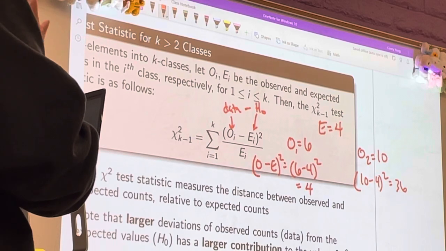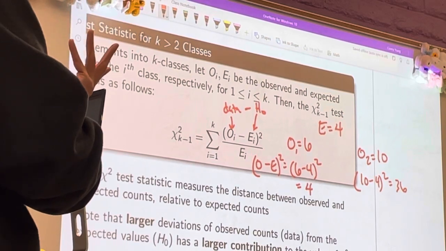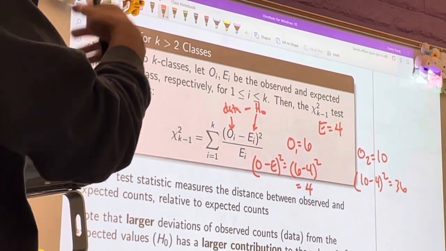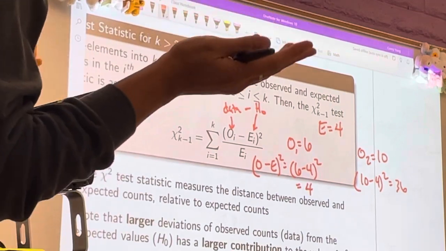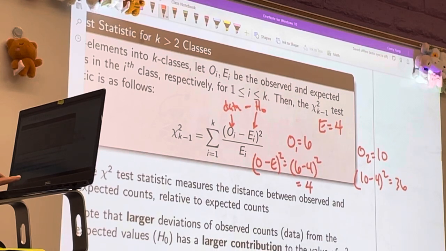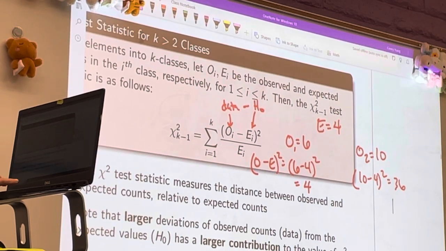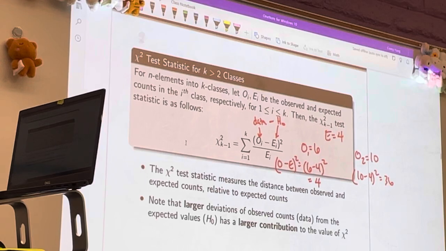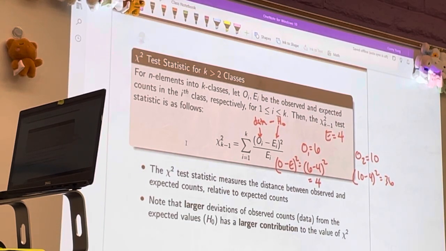So we should expect chi-square values that are very big to be an indication of large departures from the null hypothesis. That ties in with what we knew about test statistics before: the larger the test statistic, the further away it is from the null value, which pushes it into a rejection region. So it's the same concept here.